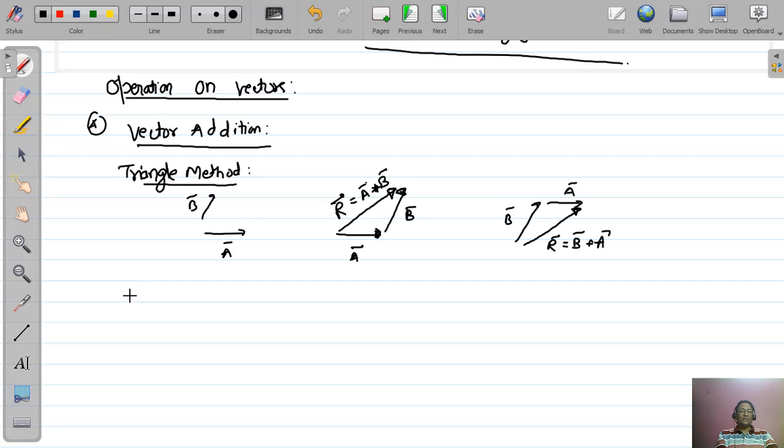And the other method, which is an important method, is the parallelogram method of vector addition. We take the same two vectors A and B and we have to add them using the parallelogram method. For that, we first draw both vectors from the same point. And then we complete the parallelogram.